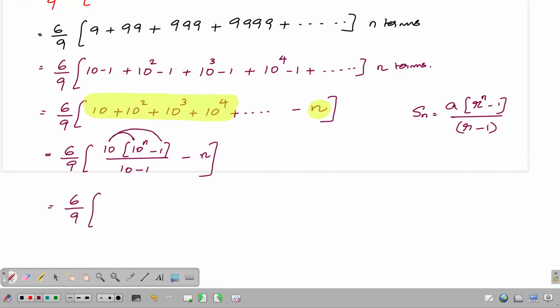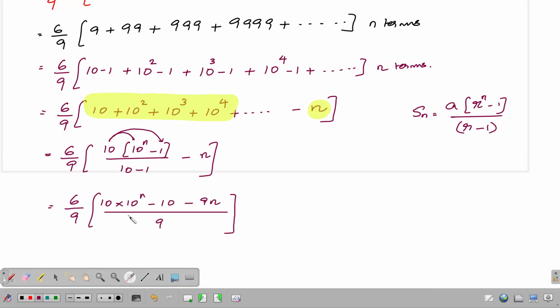So what is going to happen? 10 into 10 power n minus 10, minus, you can see that 10 minus 1 is 9. Taking that over here, it will come as minus 9n whole divided by 9.